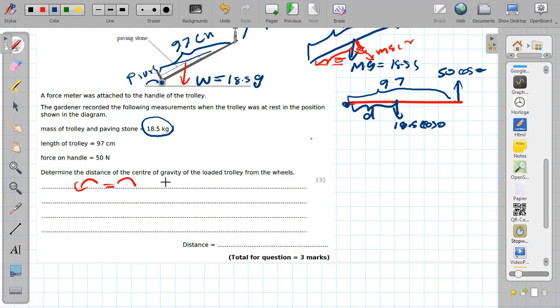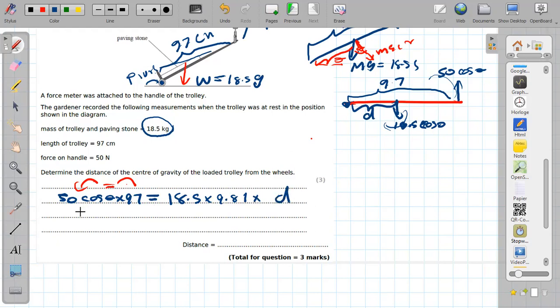So what is the anti-clockwise one? This one is anti-clockwise, this one is clockwise. My anti-clockwise is 50 cos theta times 97 equals to the what? The clockwise one, 18.5 times 9.81 times the distance d.